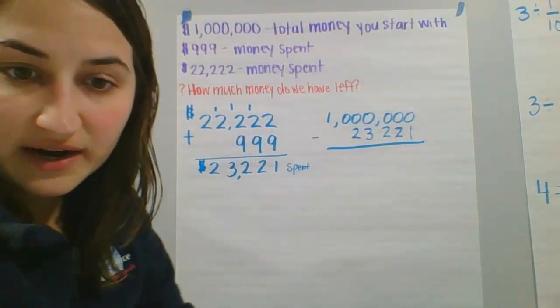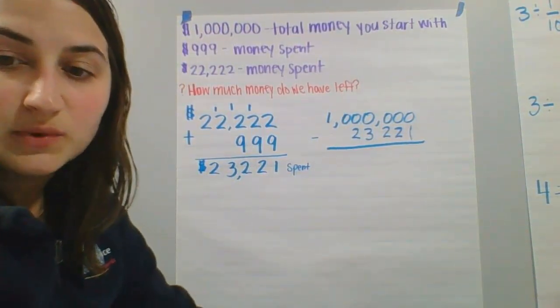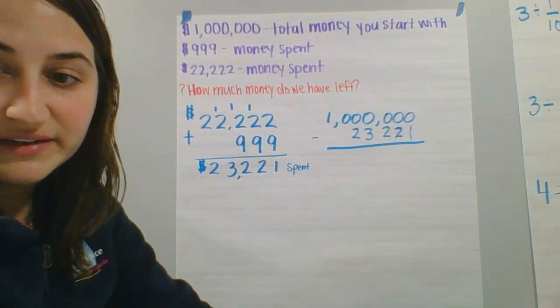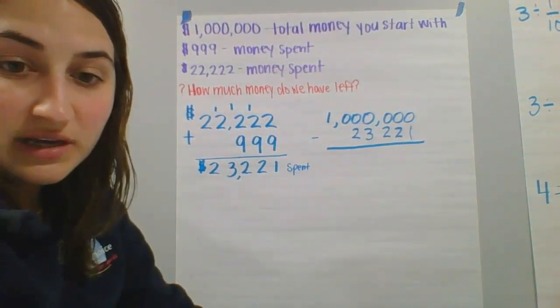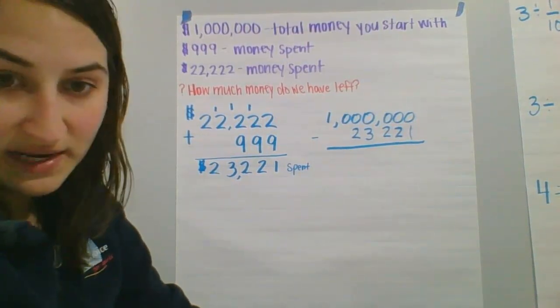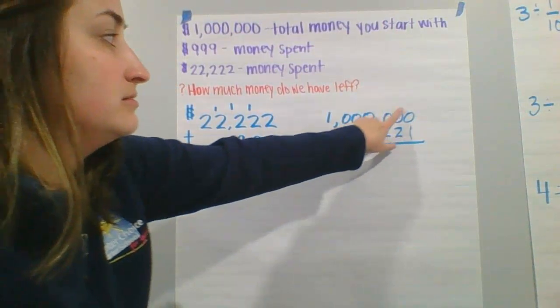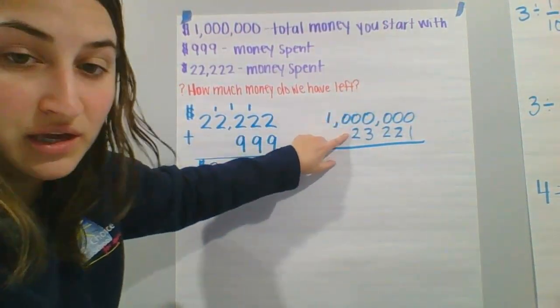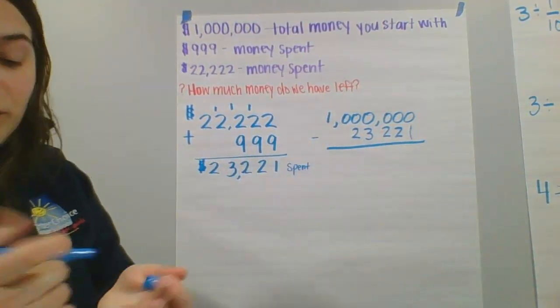So this is the part where it gets a little bit tricky sometimes for people because we're working with a lot of zeros and we're having to do a lot of borrowing, especially in a problem where there are so many zeros. So we can't subtract any of these place values. So we have to go all the way down to the 1 and borrow from that 1.